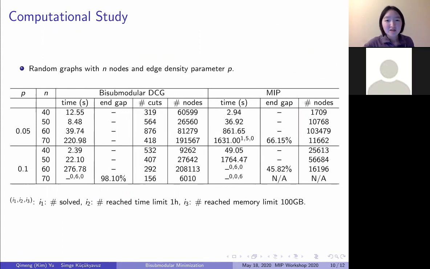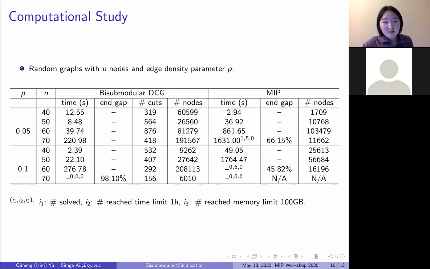For example, our DCG algorithm solves the instances with 70 nodes and edge density 0.05 within 5 minutes, while the MIP has over 60% end gap after running for 1 hour. For the instances that MIP can solve within the time limit, DCG is also significantly faster.